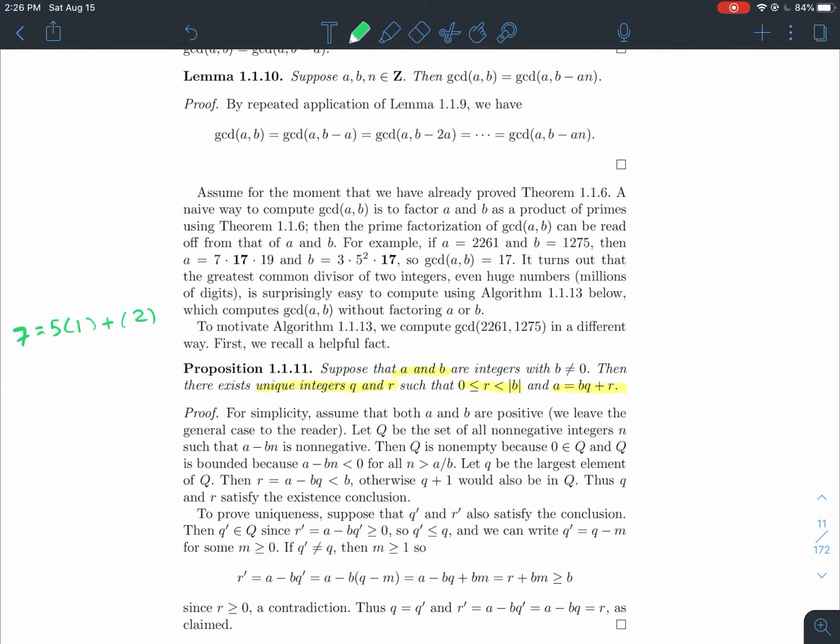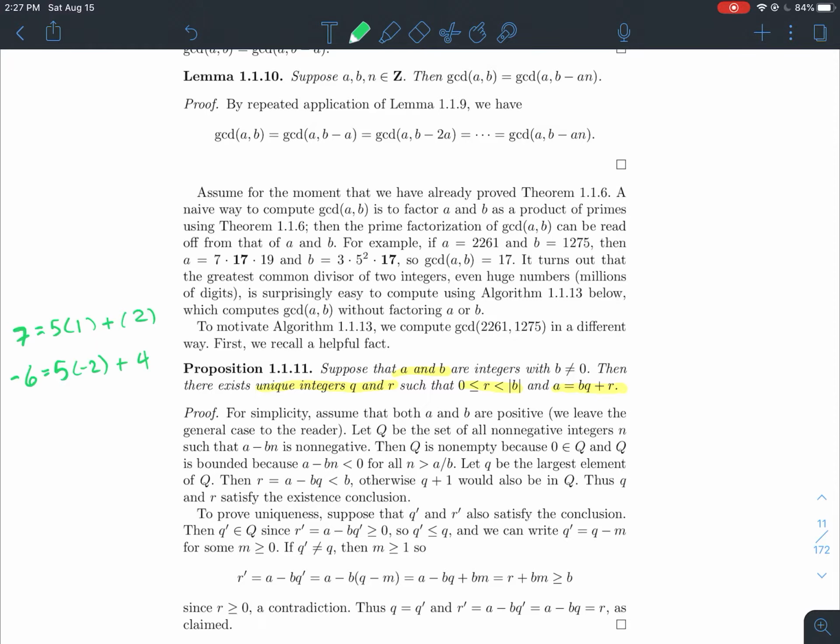Now, what else do you have to be careful about? Something like negative 6. Let's say a is negative 6, and let's say b is 5. After all, these are just integers. I didn't say they had to be positive. And maybe what you'd like to do is say this should be minus 1, and this should be plus negative 1, but that won't work. I can't have minus 1 for r. So what we've got to think about is, well, there must be a different q then. And of course, that different q would be minus 2, and I'd have to do plus 4.